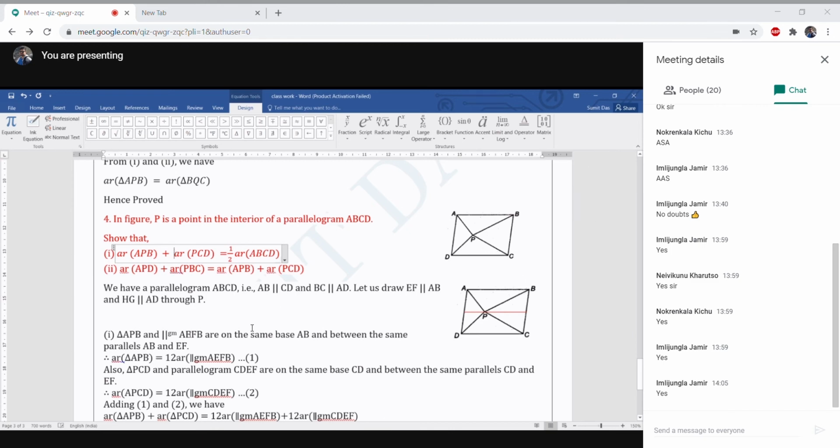And then we have to again prove that area of APD plus area of PBC is equal to area of APB and area of PCD. Very easy. Let's start.